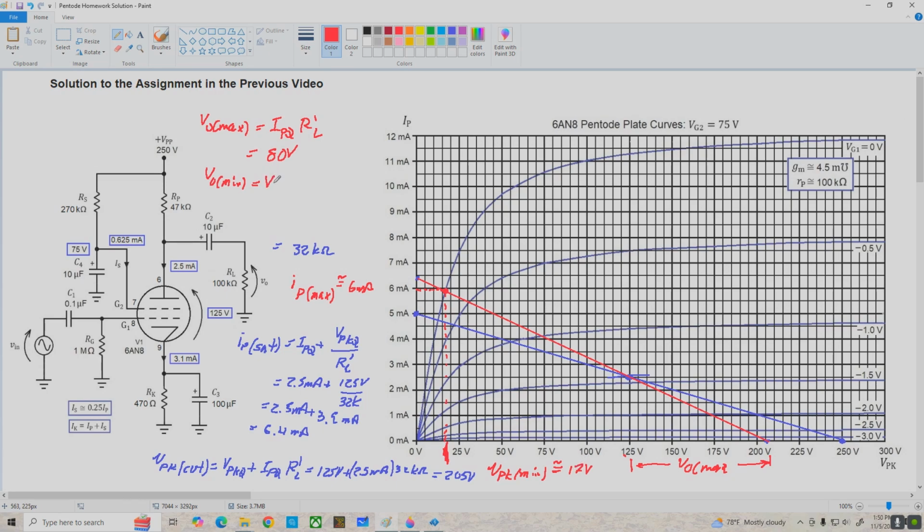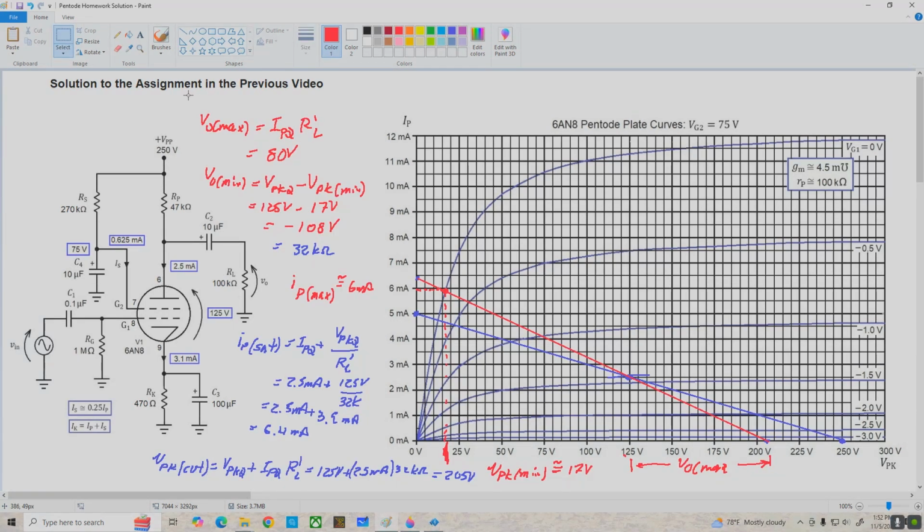So that is VPKQ minus VPK minimum. 125 volts minus 17 volts is 108 volts, but that's going to be negative, so it's negative 108 volts. And there we go. There's essentially our unclipped output voltage swing, plus 80 volts minus 108 volts.